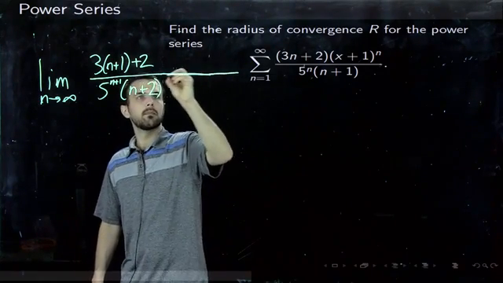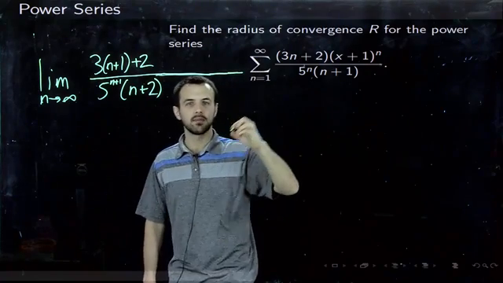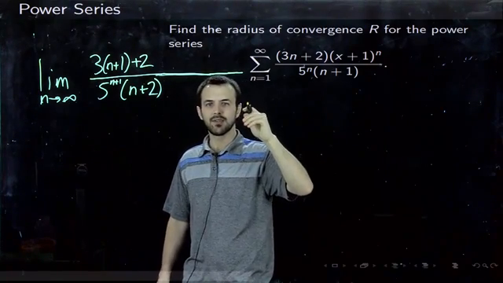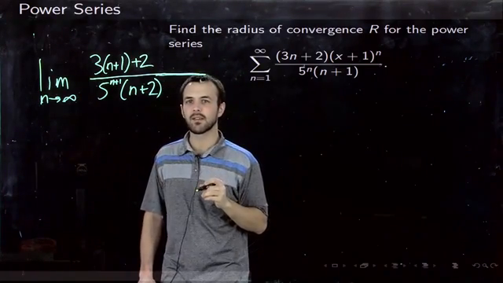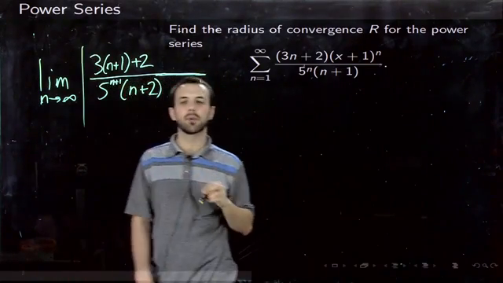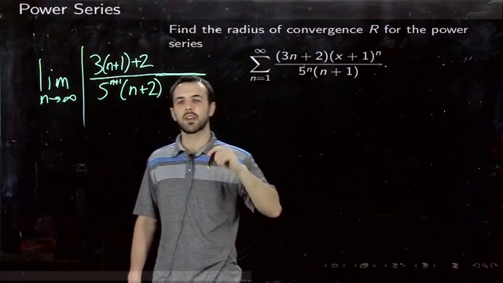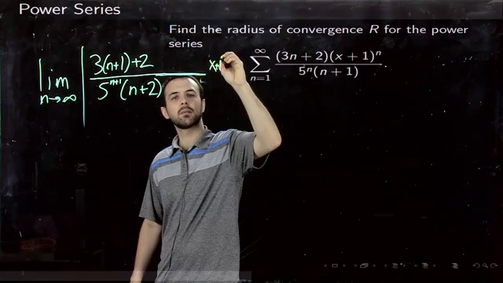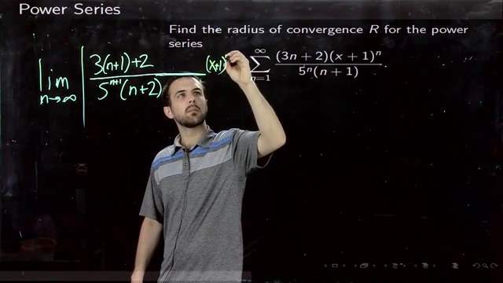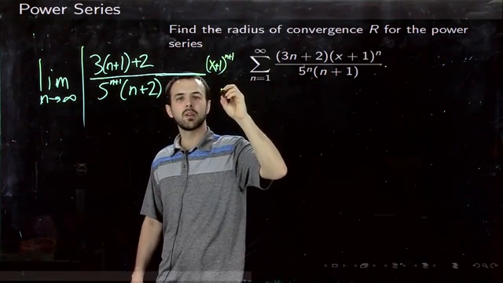I'm going to leave us some space there. Keep in mind when we're working with the ratio test, got to keep those absolute value bars there. And then our n plus 1 term here is going to be (x plus 1) to the n plus 1.